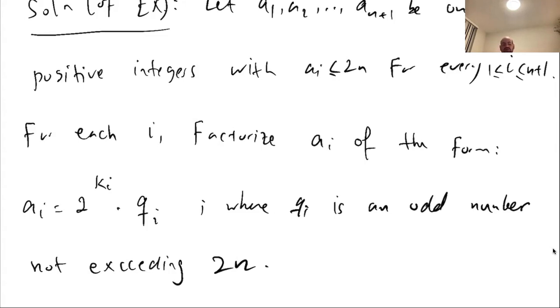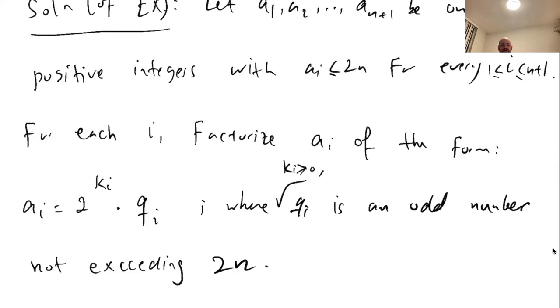It's possible that the number itself is odd and therefore has no factor of 2. In that case, your ki will be 0. So ki is bigger than or equal to 0, and qi is an odd number. Even if it had no factor of 2, you can write 2 to the power 0 times the number itself. The number itself is odd.